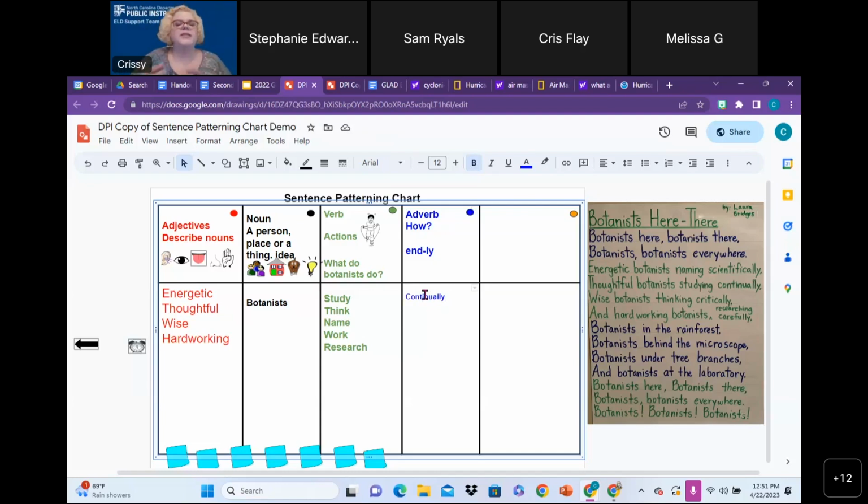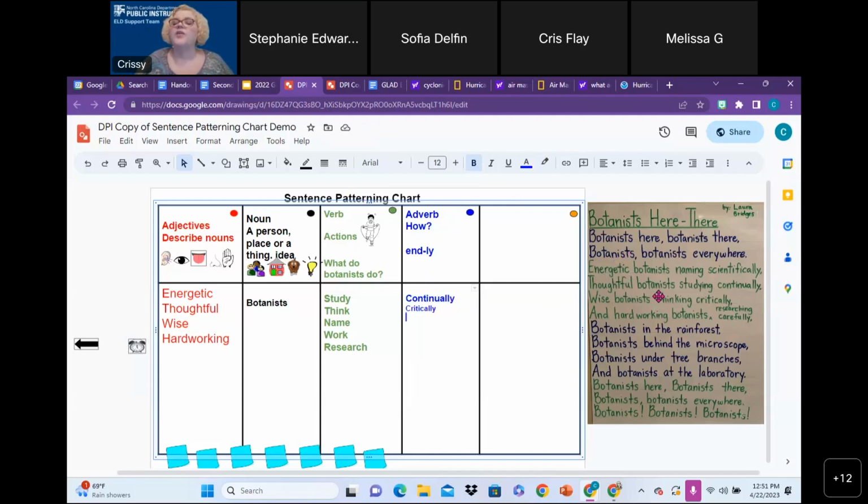How do those botanists think or name or work? Critically. Critically. Wonderful. How about some others? Just tell me. Continually. Okay, we have continually, we have critically.